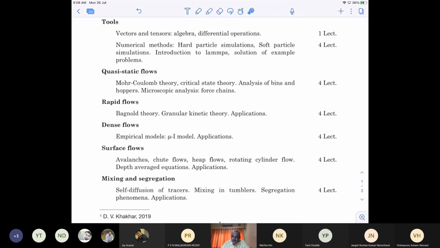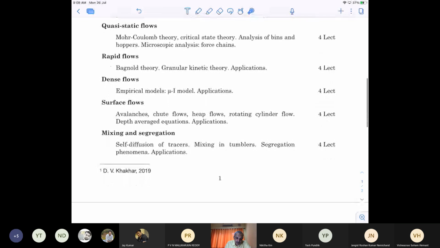This software is free to download. You can download it onto your computer, laptop, or whatever. And it's very easy to then do simulations of granular flows and so forth. So I want you all to learn how to use this, but I want to do this early in the course. And then we will solve some simple problems using these things. Okay, so this is the tools part.